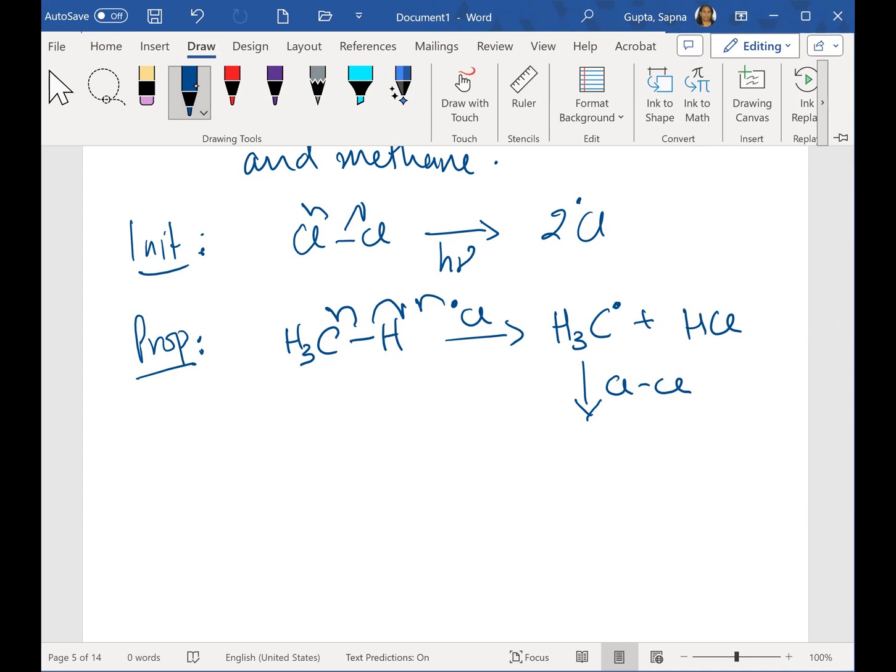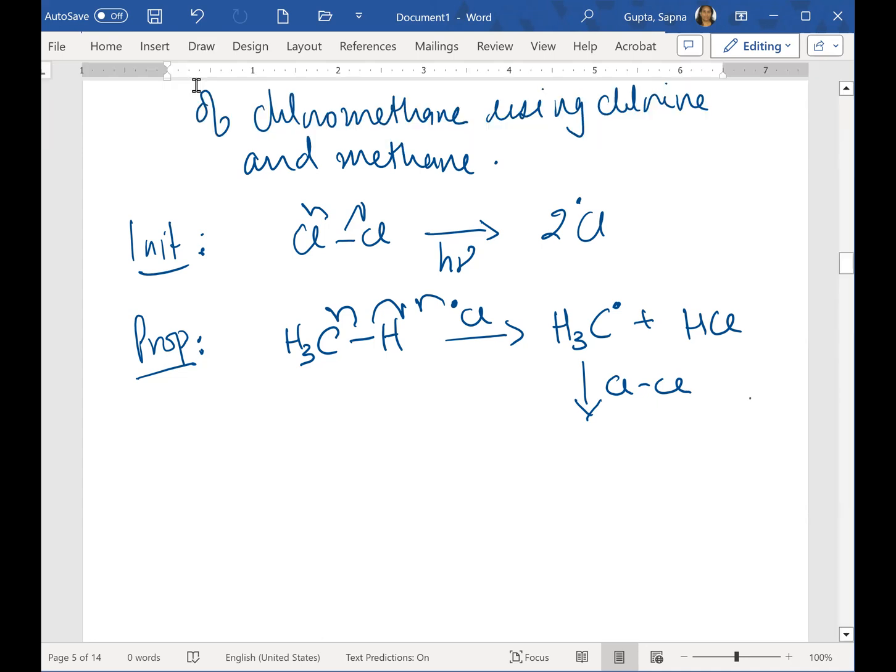So use whatever you want, provided it's used logically. You have chlorine, you have radicals, you have anything you want, any number of times, provided it's in the reaction mixture. So now what happens? This one breaks apart. This methyl radical is going to react with chlorine. So now what do you have? You have the CH3Cl, and then you also have the chlorine radical.